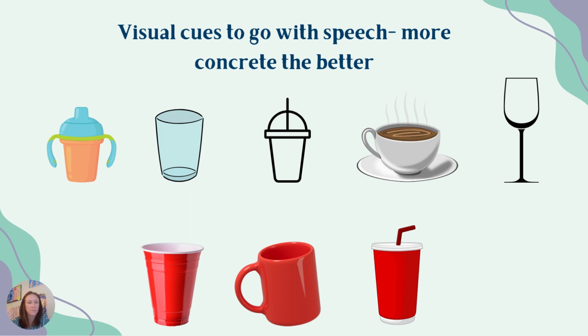A lot of the times we'll use visuals to show what I'm expecting them to do. So if I want them to get their shoes, I might have a picture of their shoes and point to it and be like, get your shoes.